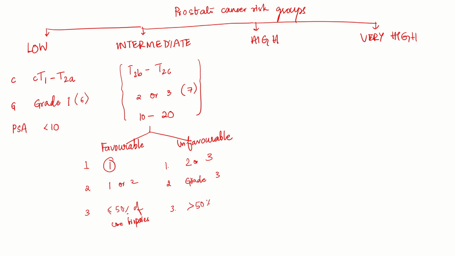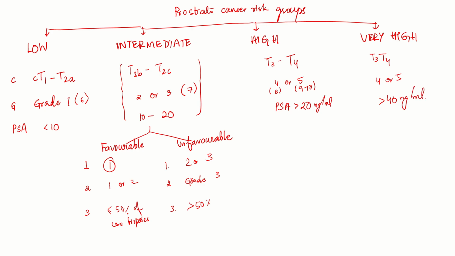Next, coming to the high risk group, it is T3 to T4 with a grade group of 4 or 5, that is a Gleason score of 8 or 9 to 10, with a PSA more than 20 nanograms per ml. Very high risk is again when it is T3 or T4 with grade group 4 or 5 with PSA of more than 40 nanograms per ml.